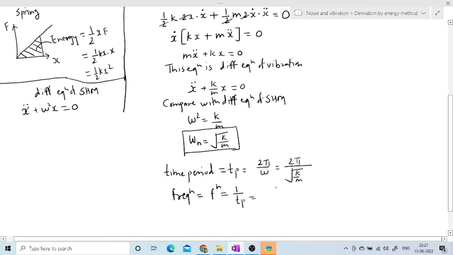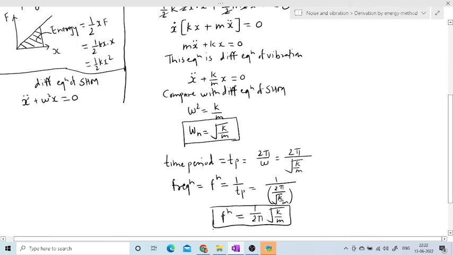So it will be 1 divided by 2 pi divided by root k by m. I will modify this one, so it will be 1 divided by 2 pi root k by m. And this is the frequency of vibration, which we have determined by using the energy method.